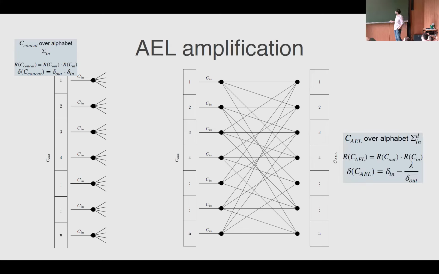The nice thing is that when we do this folding, the rate remains unchanged, but the distance really improves. So previously, the distance was delta out times delta in. Now there is a decoupling between delta in and delta out. And you can make the distance as close to delta in as you want by choosing lambda to be even smaller. Whatever delta out is, we'll choose lambda to be even smaller and then get as close to delta in as well.